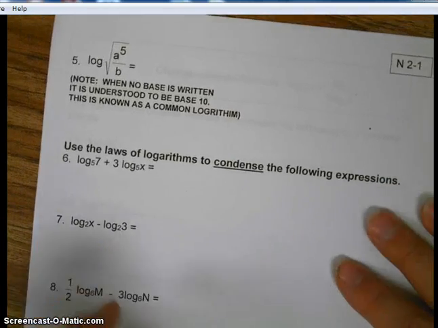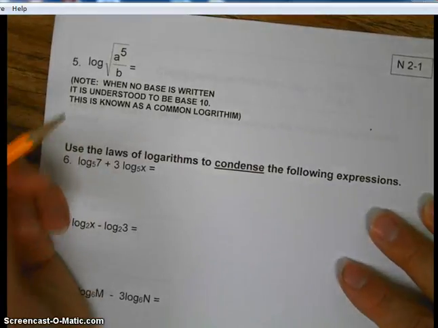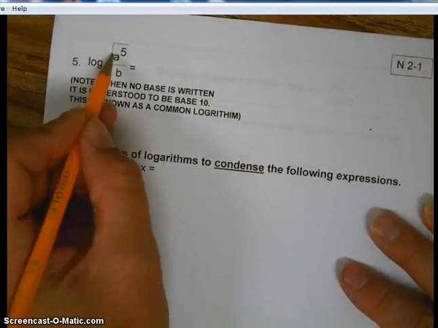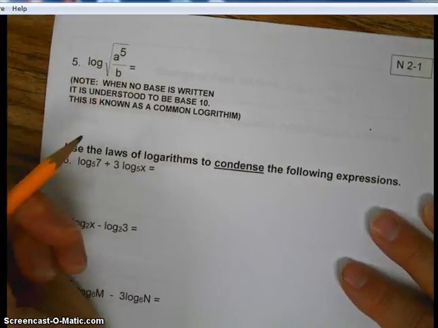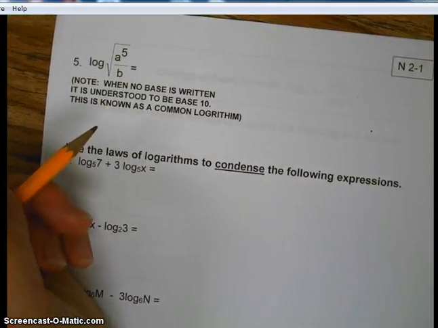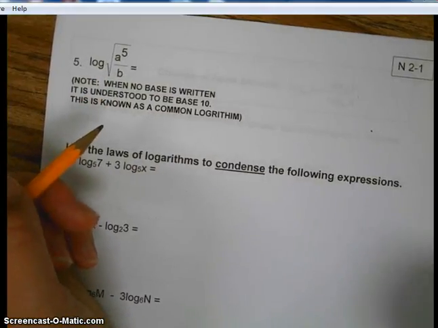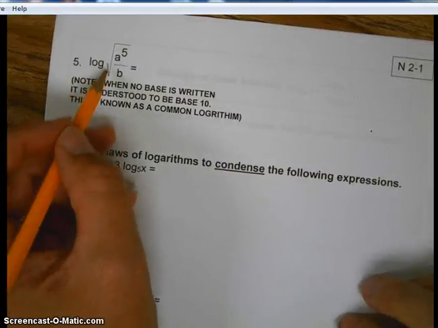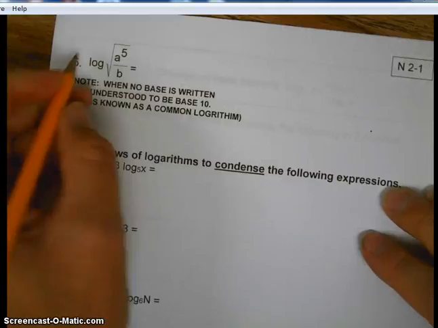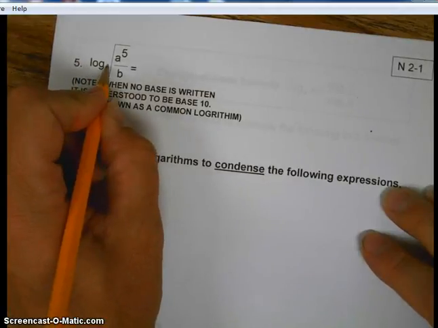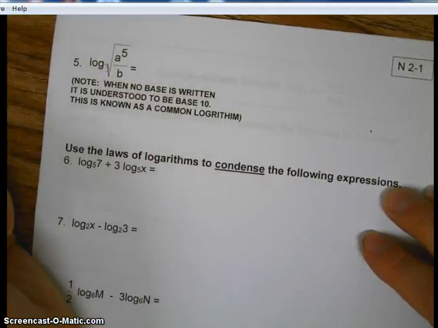All right, number 5. Does anybody remember what the square root represents as a rational exponent? Yes, that's right. It represents the 1/2 power. So what we have here is, and by the way, notice the base is missing.